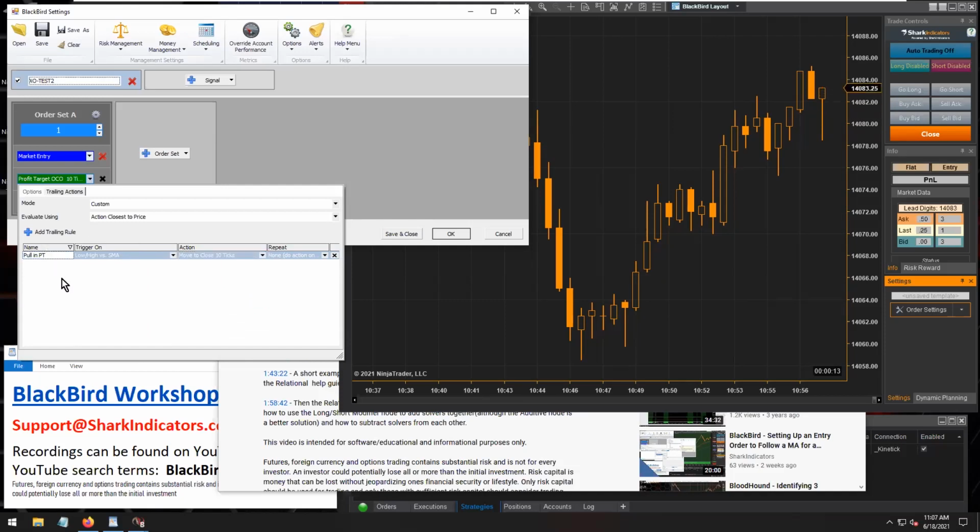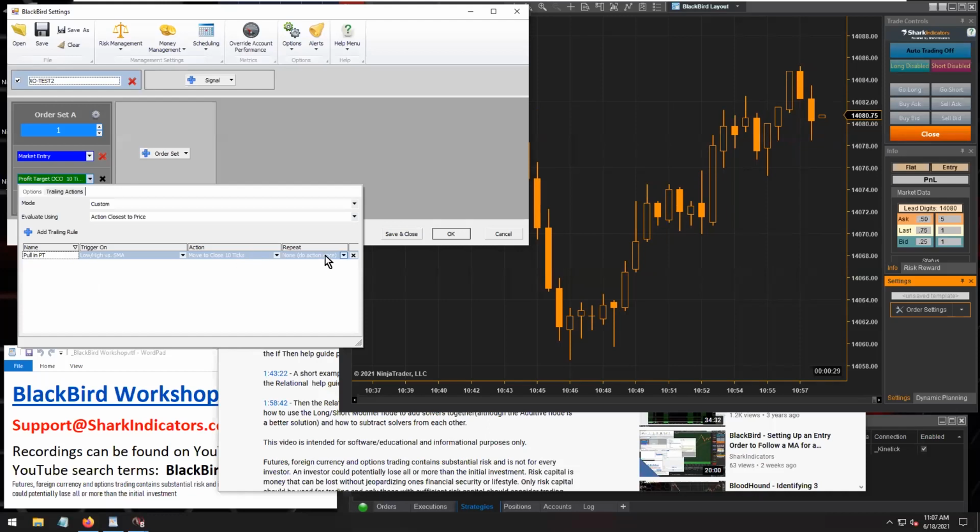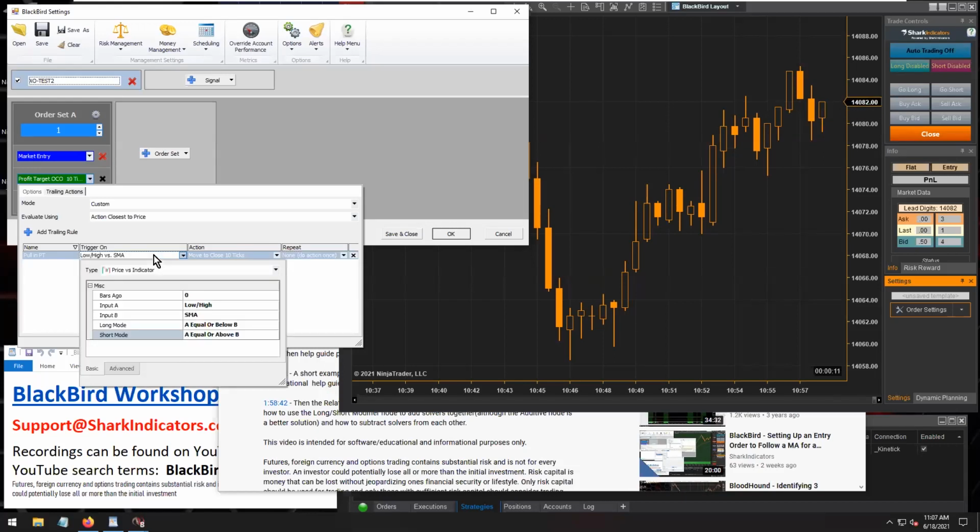It'll never execute again during the life of the trade. Of course, once another trade is opened, this trailing rule will activate again. As long as your repeat is set to no repeat, this is a one-time trailing rule. All right, so there you go.